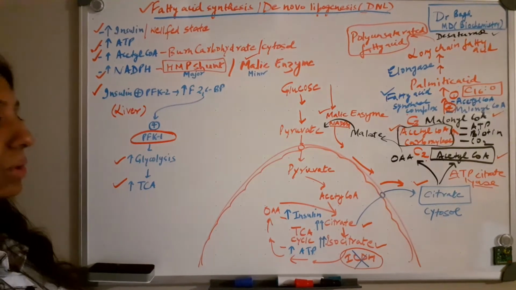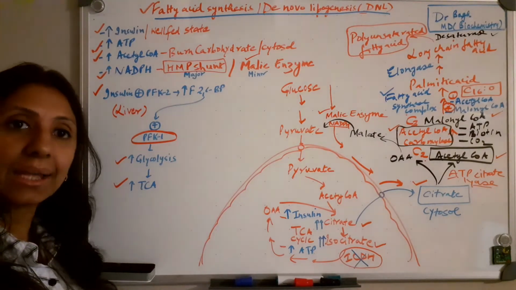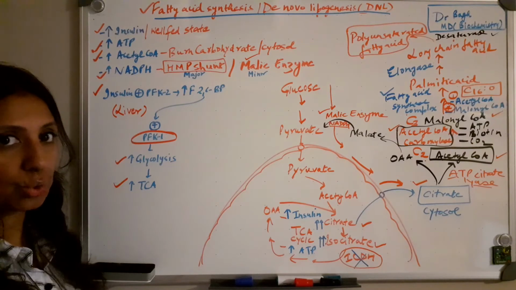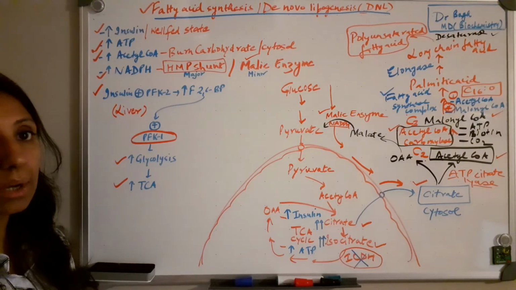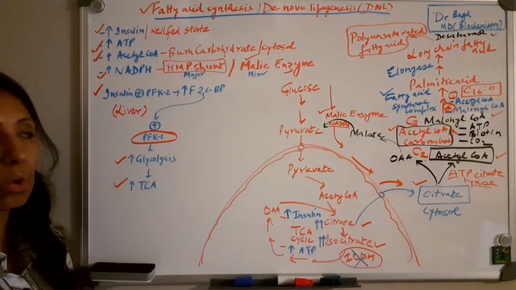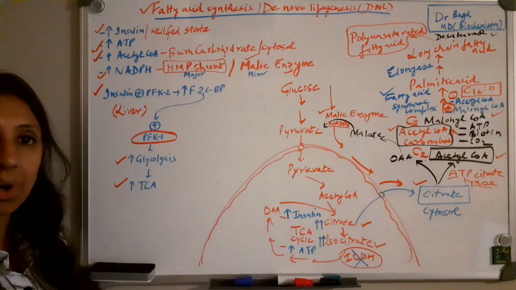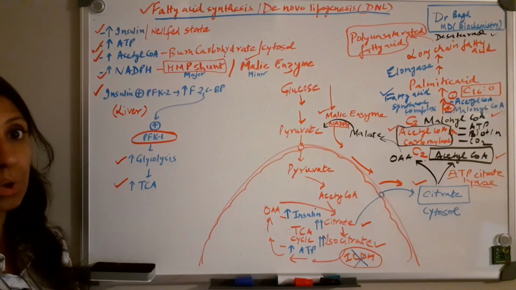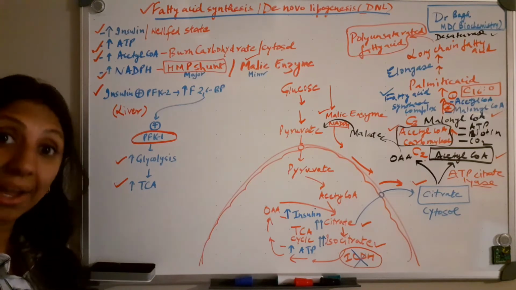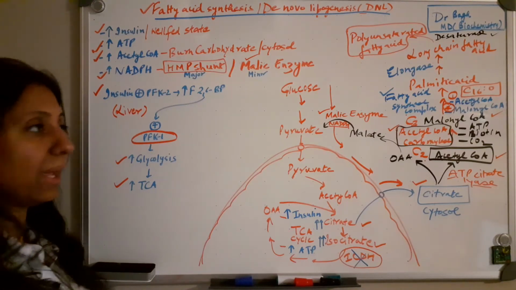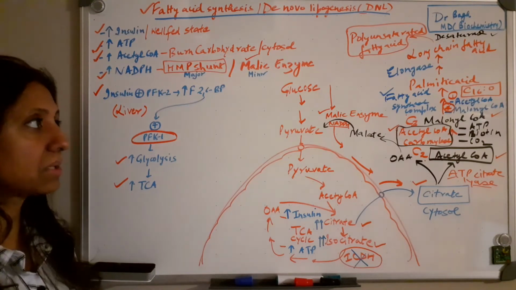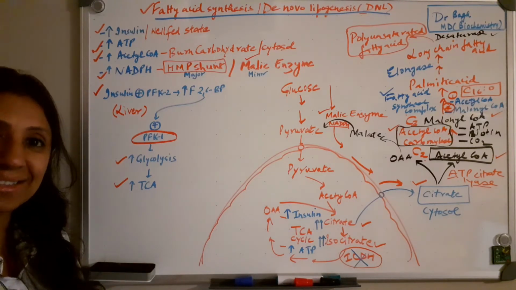Naturally, high insulin. Please know that when I say high insulin, it is always a ratio. That means high insulin over any antagonist hormone. For now, I would say insulin works antagonistic to glucagon. So well-fed state means a high insulin to glucagon ratio. That is always how it is expressed.